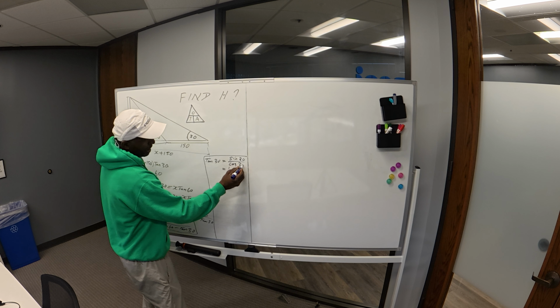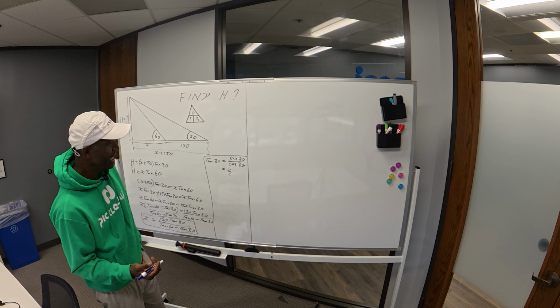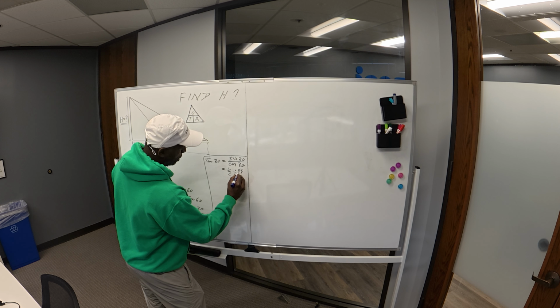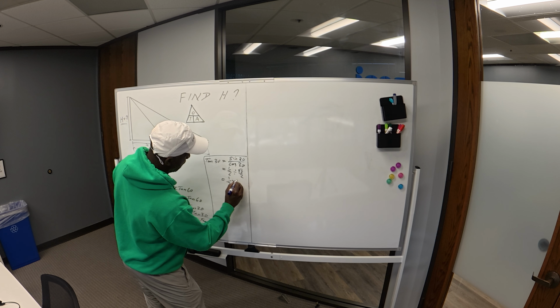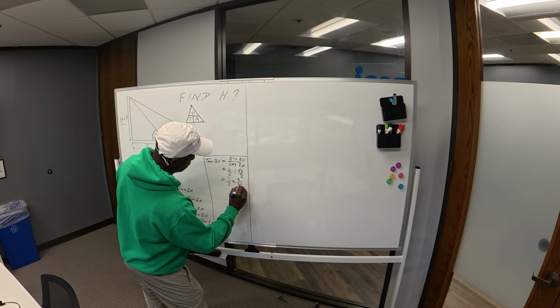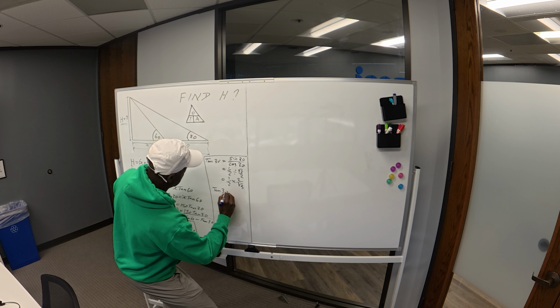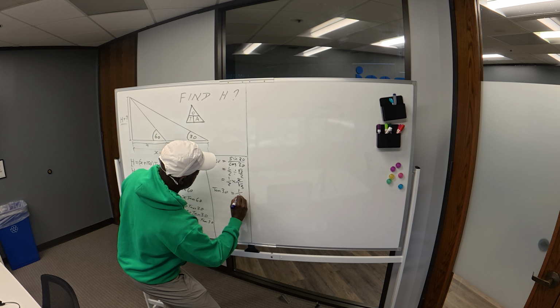And I know that cosine of 30 is the same as sine of 60, which is equal to square root of 3 on 2. And now that's equal to 1 upon 2 multiplied by 2 upon square root of 3. So I know that tangent of 30 is equal to 1 upon square root of 3.